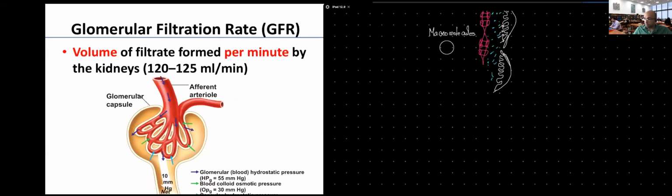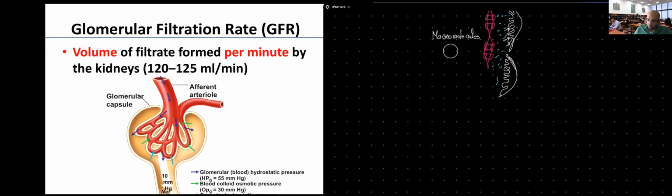So the GFR, or the glomerular filtration rate, is the volume of the filtrate that gets formed per minute. And this is going to be around 120 to 125 milliliters per minute. So what's going to be driving the fluid to get filtered?